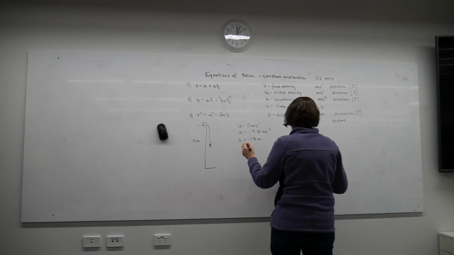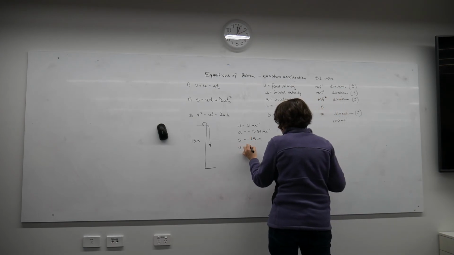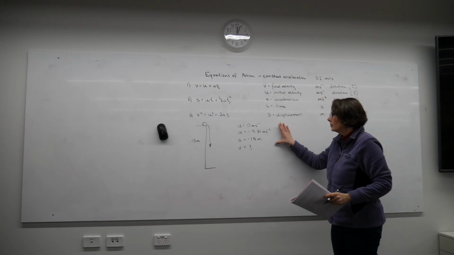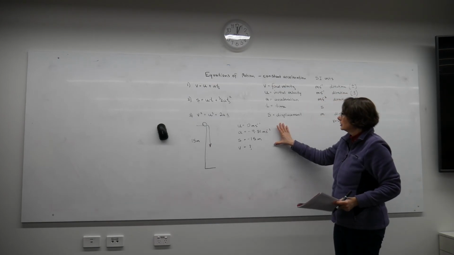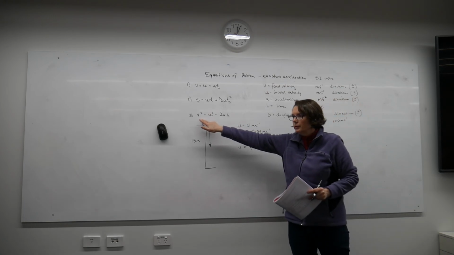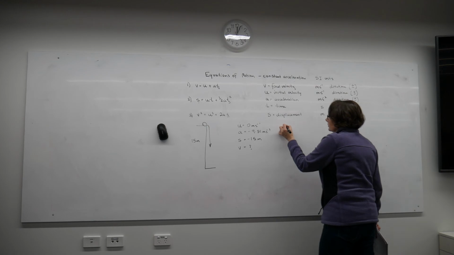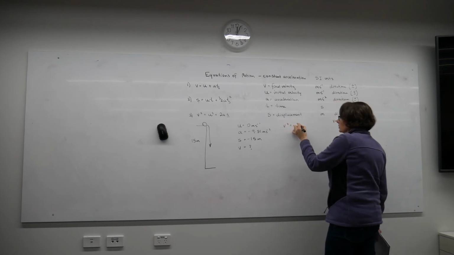And we wanted to find its final velocity. Now I look at my variables and I can see that it matches up with the third equation. It's that one, v squared equals u squared plus 2as.